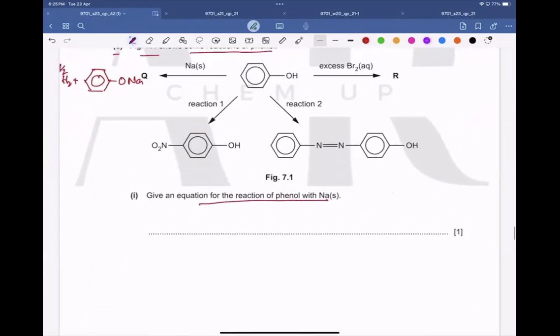Phenol is C6H5OH, reacting with sodium, giving C6H5O negative Na positive and H2. And before H2, I put a half to balance it.